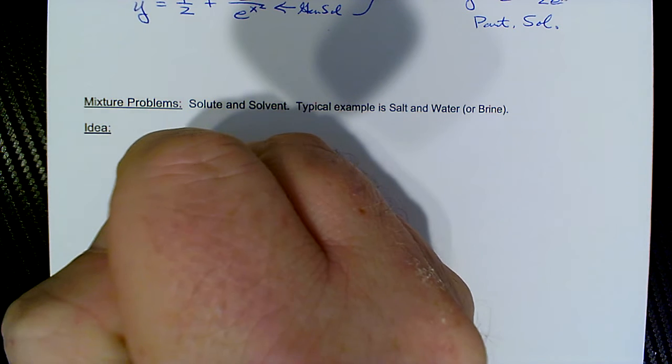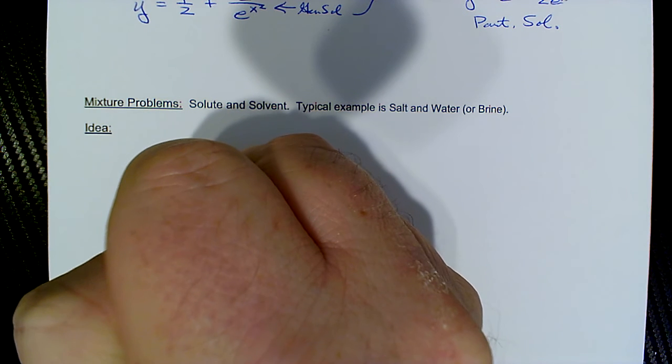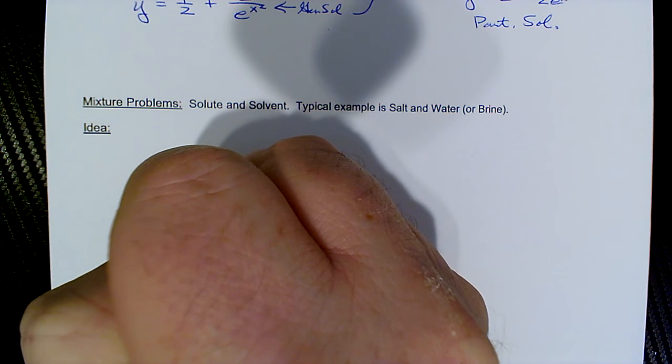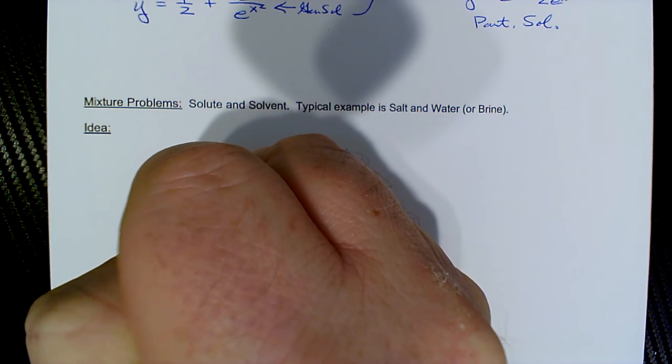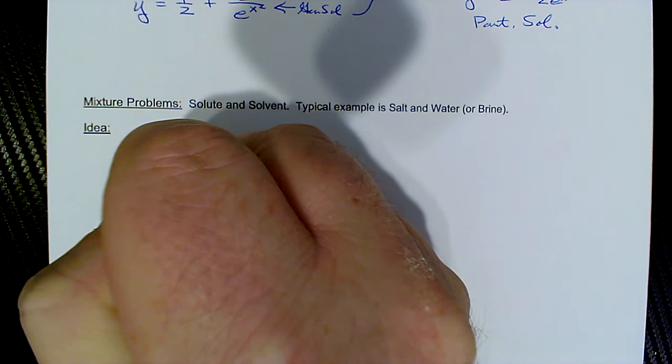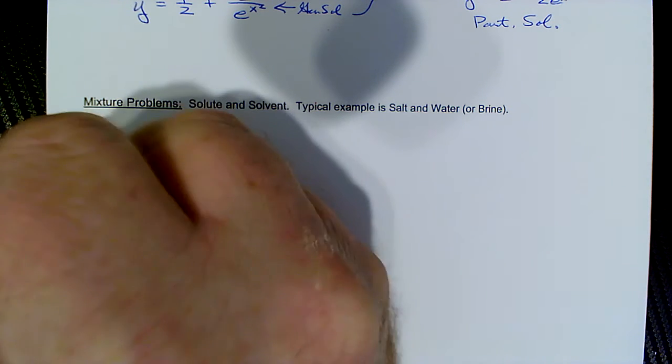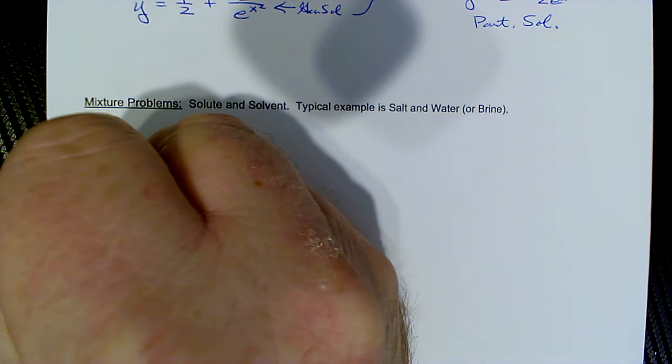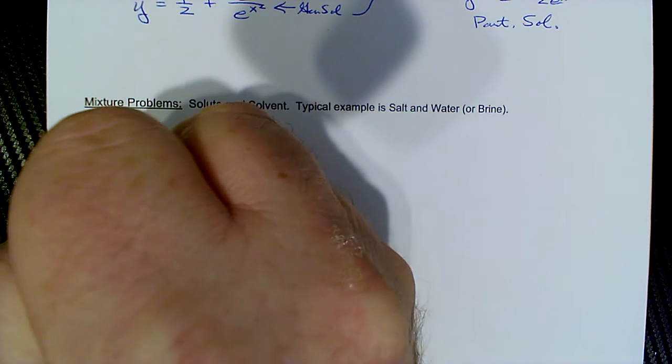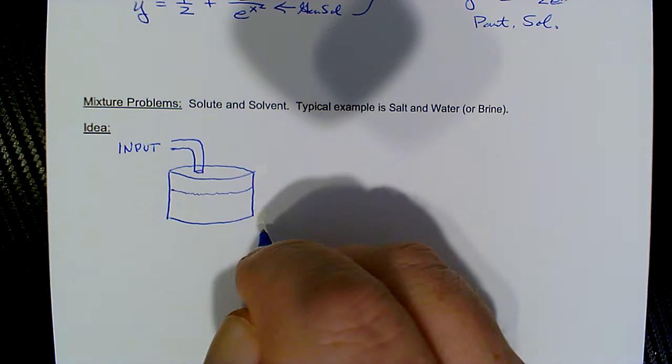And we'll have an input, so this will be my little spigot. Let's say that that's our input. And then we'll have an output.